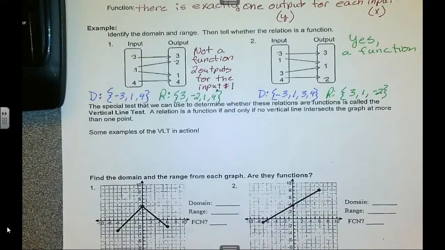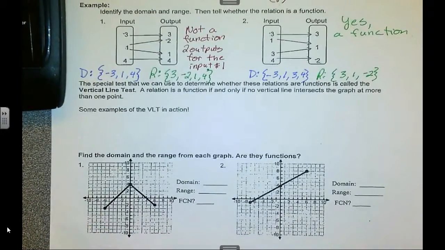All right. Back in Algebra 1, what kind of easy test did you use to determine whether a graph was a function or not? Yeah, that vertical line test, right?